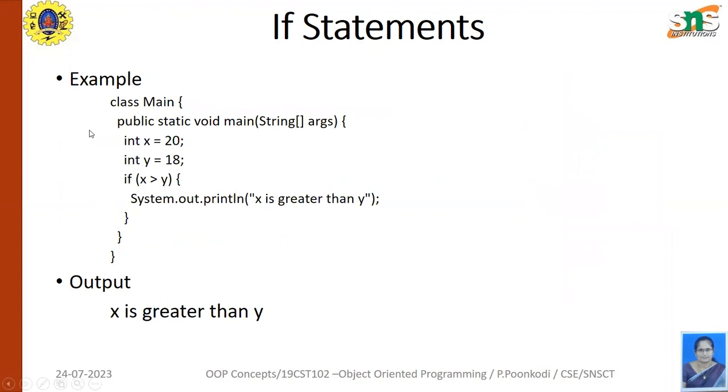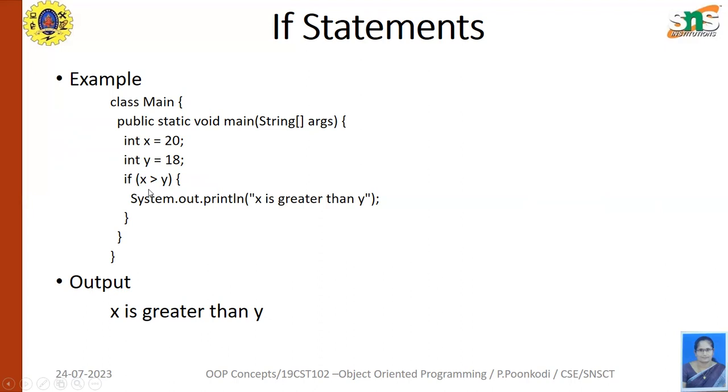This is an example for the if statement. The class name is Main. Then the main method, public static void main. In that I have given two values for the x and y variables, and I check with the if condition whether x is greater than y.